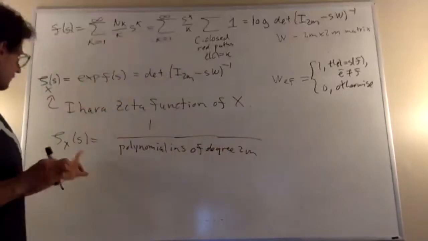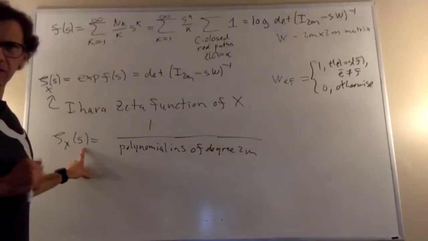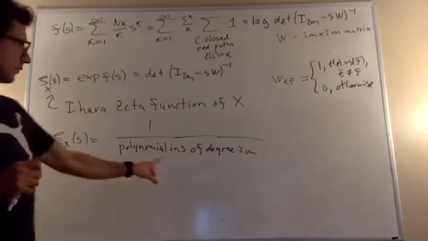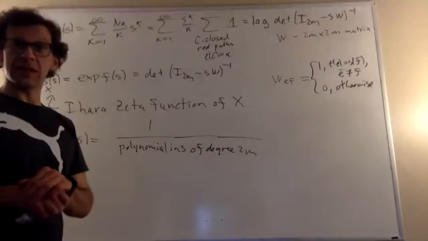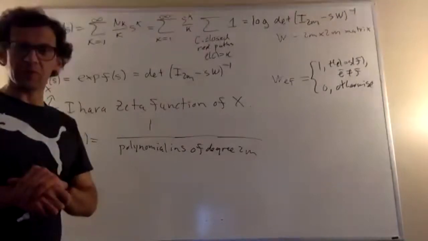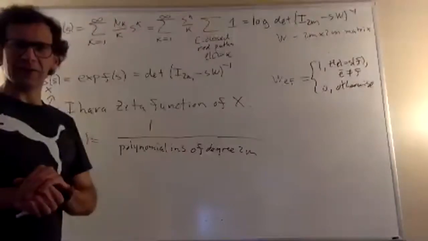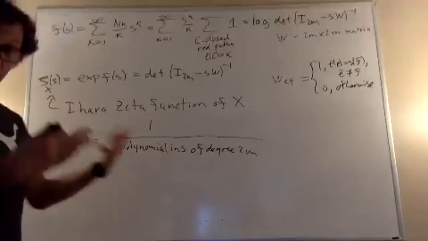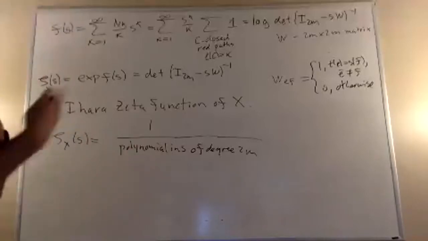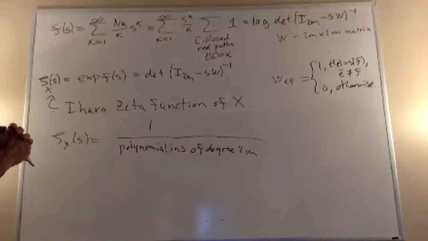So this zeta function is actually a lot less mysterious than the Riemann zeta function. It's the inverse of a polynomial of degree 2n. So for example, it doesn't have any zeros whatsoever, right? If you try to state the Riemann hypothesis directly for this function, it's trivial, it has no zeros, but there is a version of the Riemann hypothesis for it.